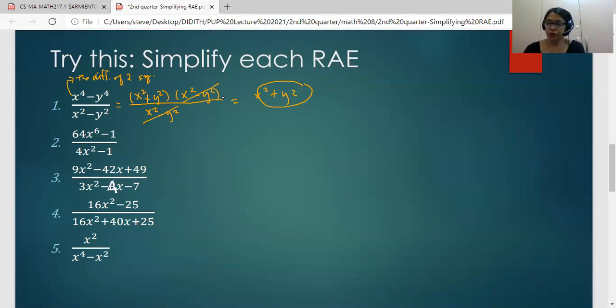Okay, so for number 2, both terms here are perfect squares. Both terms as well are perfect cubes.